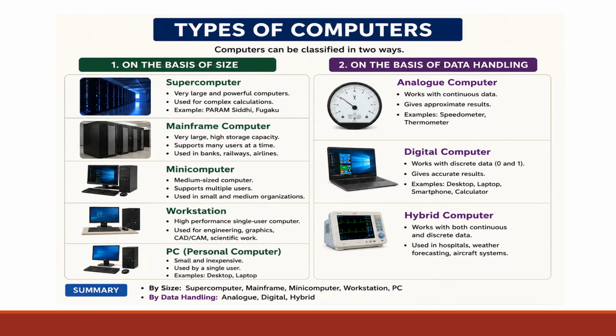Means we can implement both types of data here, maybe continuous data or discrete data. Both kinds of data can be handled by hybrid computer systems. Clearly, we have only two types: on the basis of size and on the basis of data handling. These are related to types of computers.